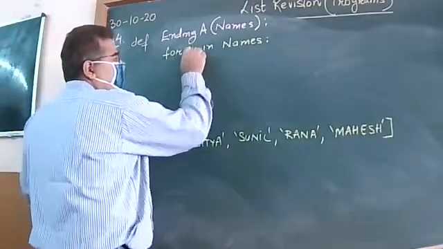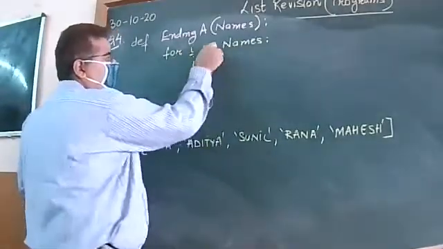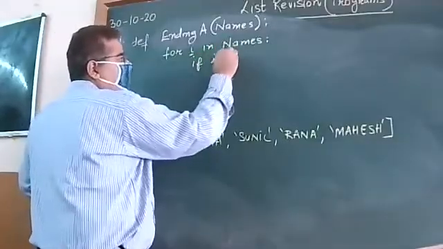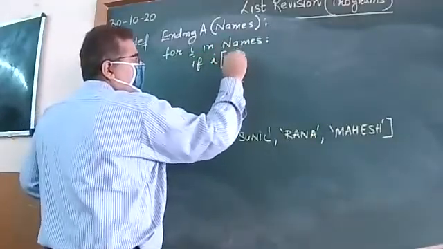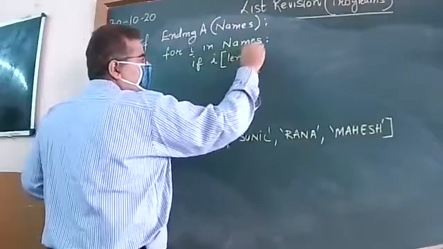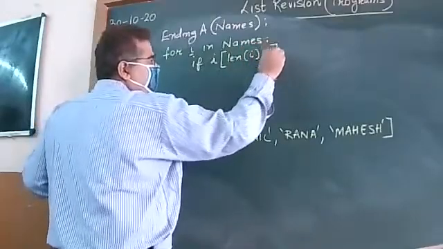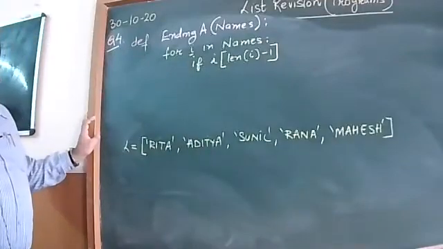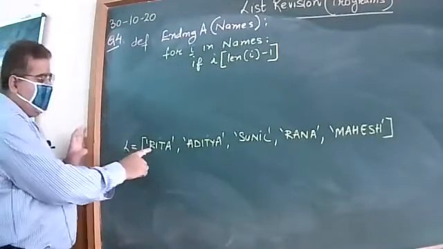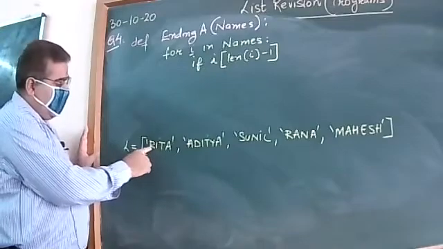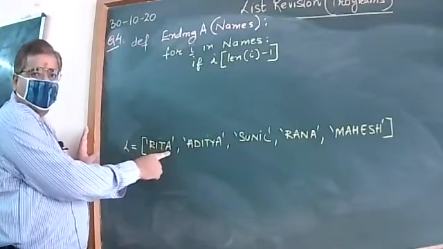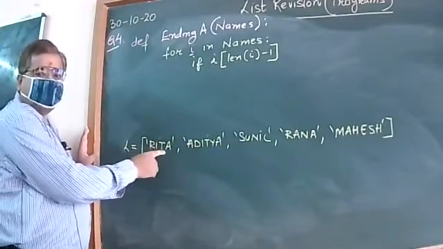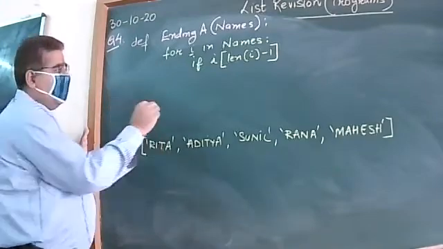Start your condition. If I find out the length of this I string minus 1 in square bracket. What is the length of Rita? RITA. The length of Rita string is 4.